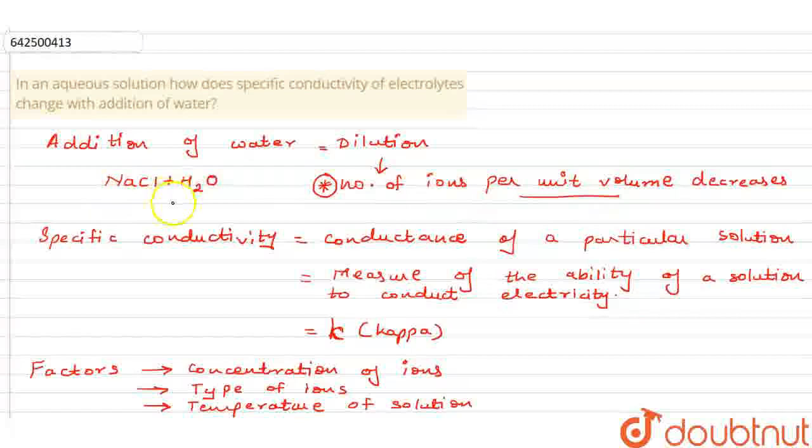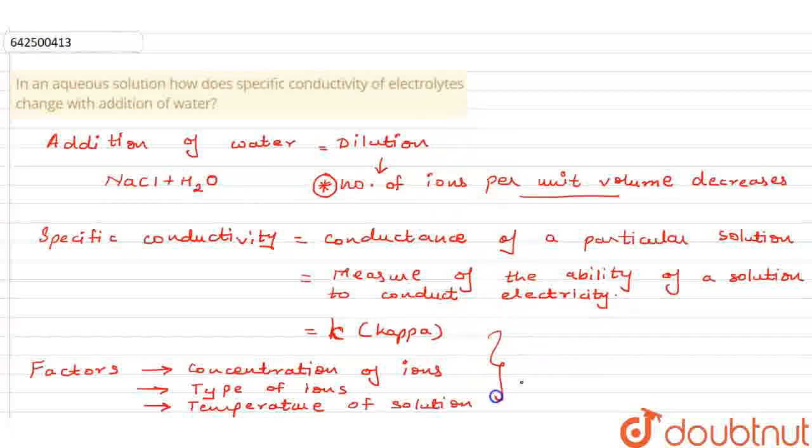The Na+ and Cl- ions, which are responsible for the conducting power. So obviously, the concentration of Na+ and Cl- ions is going to decrease, and hence the conducting power of that solution would decrease. Are you getting my point?